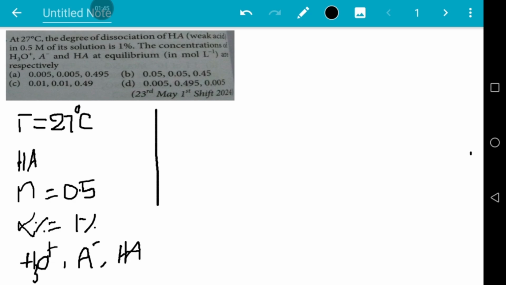Now coming to the solution. Here the weak acid is HA. When dissolved in water, it becomes H3O plus and A minus.